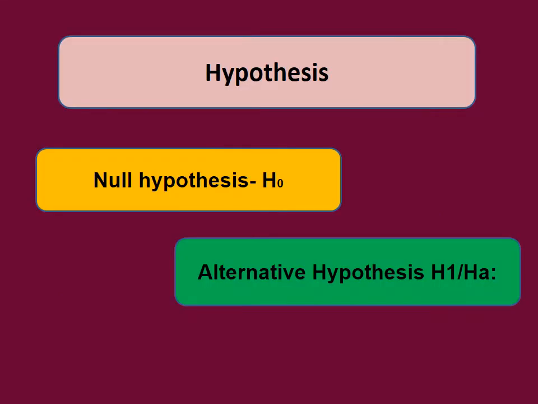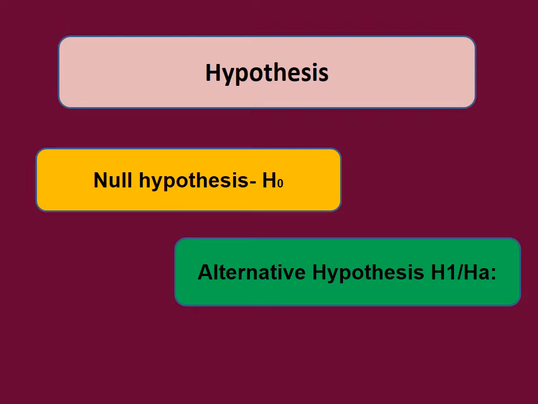As I told, there are two kinds of hypotheses. The first one is the null hypothesis, denoted by H naught. Another one is the alternative hypothesis, denoted by H1 or Ha. The null hypothesis means there are no differences in the treatment, no differences in the results.